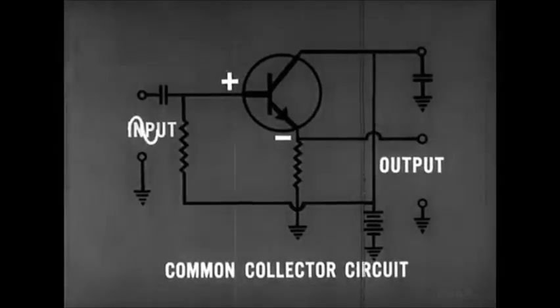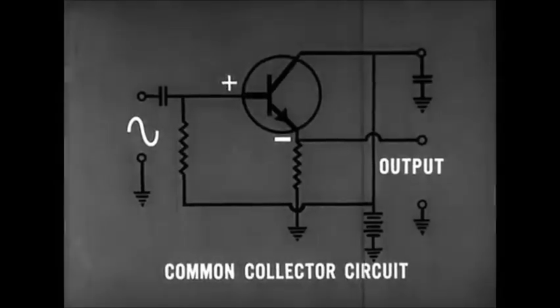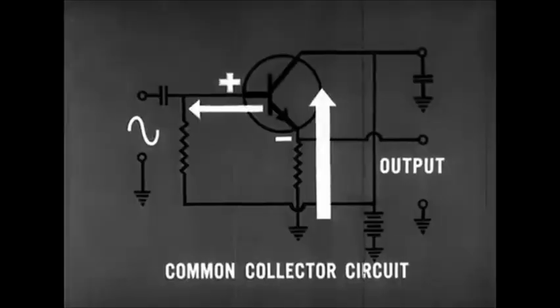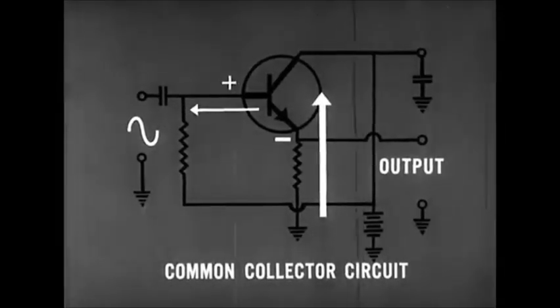An input signal causes variations in forward bias. The resultant base current and emitter current variations are in step with the forward bias variations.